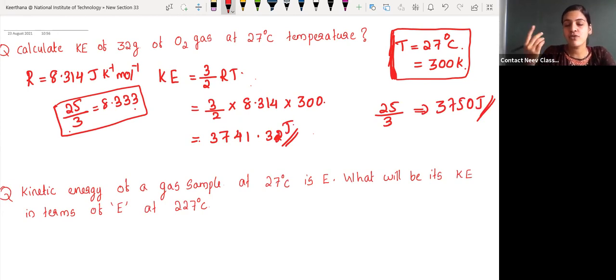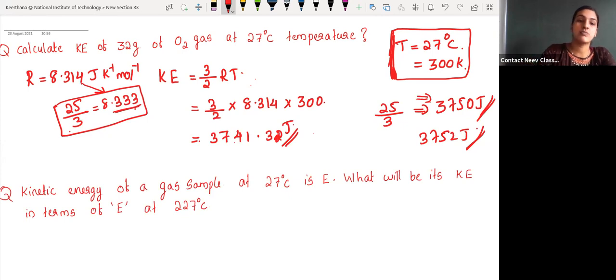And you have to use the logic. Sometimes 3752 joule will be there in the option. The value which you take is more than the actual value of R, so by approximation you will get an answer slightly higher than the actual value. So the answer should be slightly lesser than the value you got by approximation.